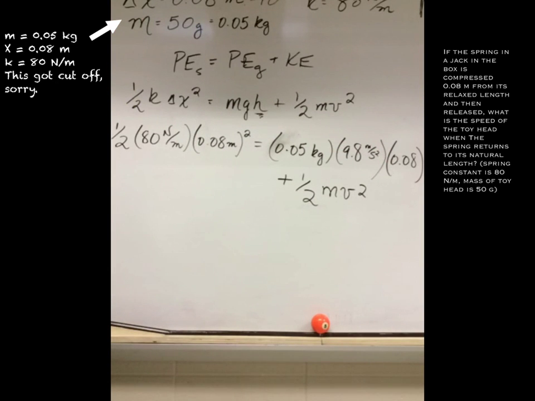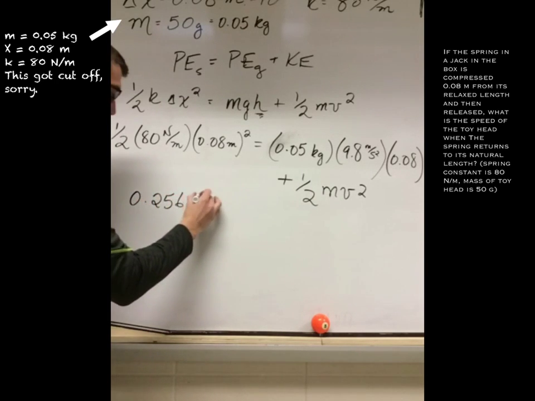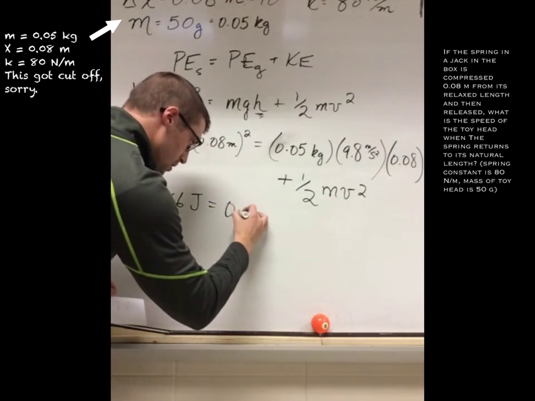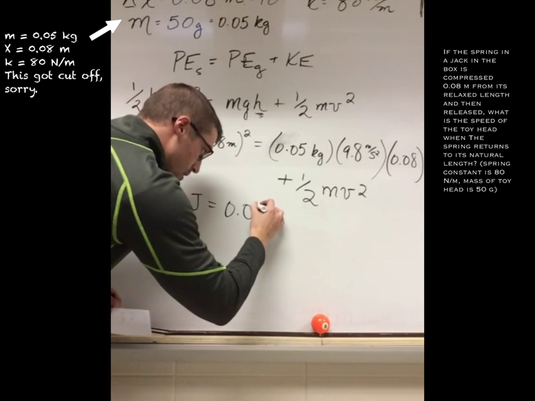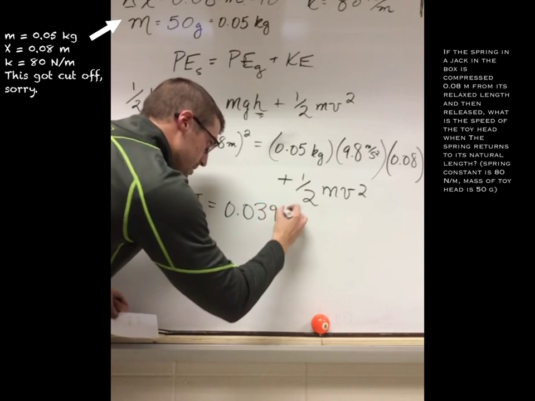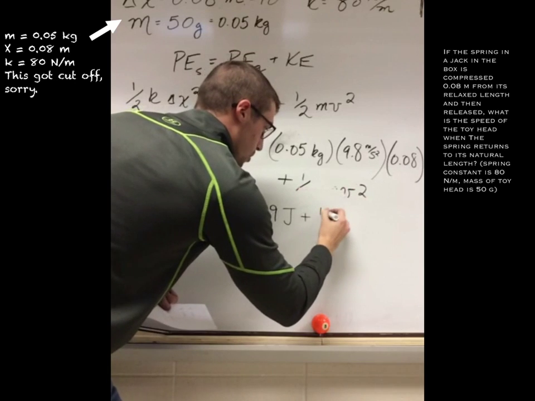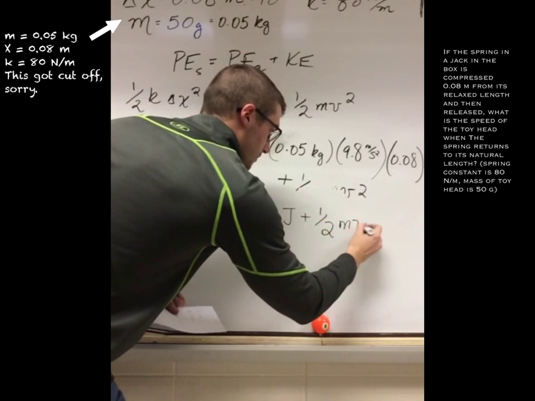I have the calculations here. So this side is going to equal 0.256 joules, and that is going to equal 0.039 joules plus 1/2 mv squared.